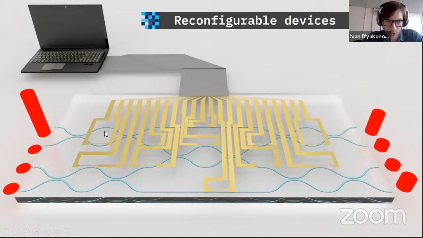We can do this with quite significant precision, around a few microns, which is not comparable to lithography, of course, but keeping in mind that the size of this structure is on the centimeter level, the precision is enough to create quite a precise layout of the electrodes.